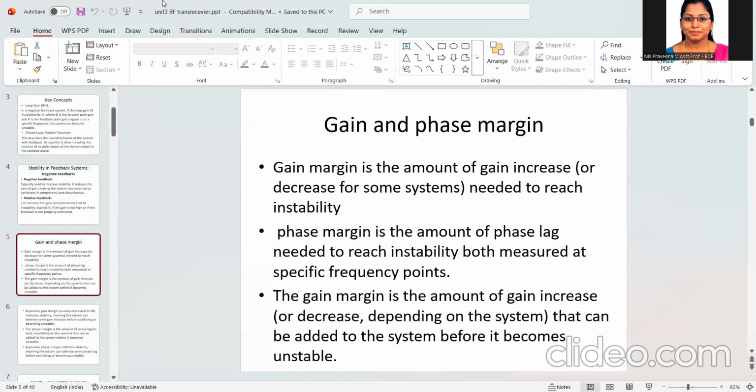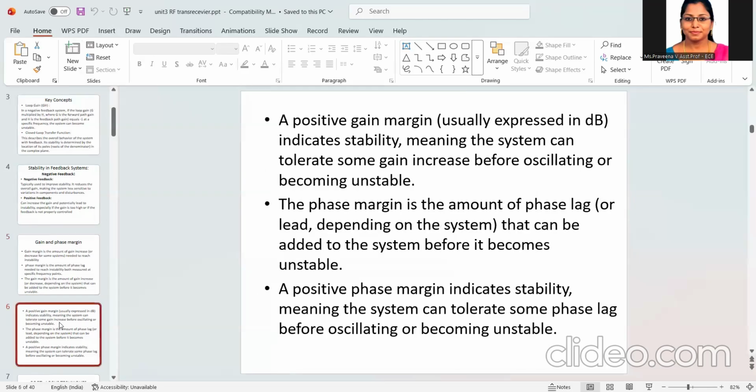Interpretation: if you have a large phase margin, the system has better stability, and if it has a very small phase margin, the response is oscillatory. If it has zero phase margin, the system is on the verge of instability. Okay, this is the concept here.